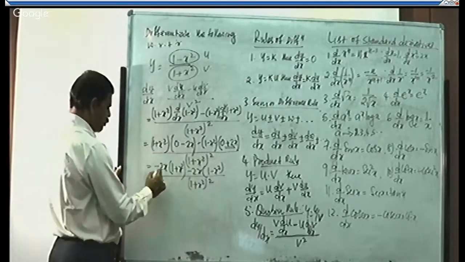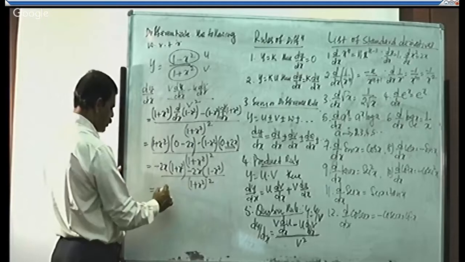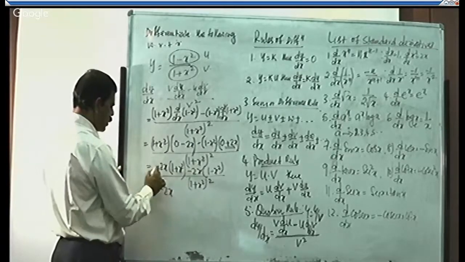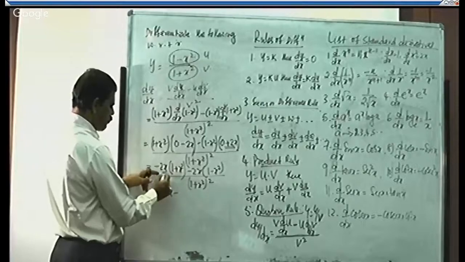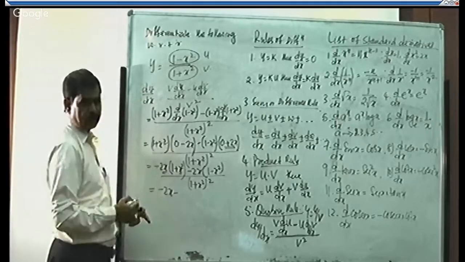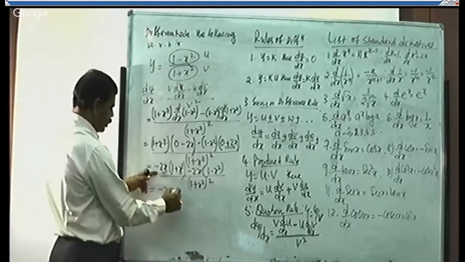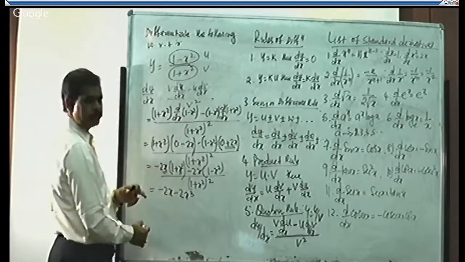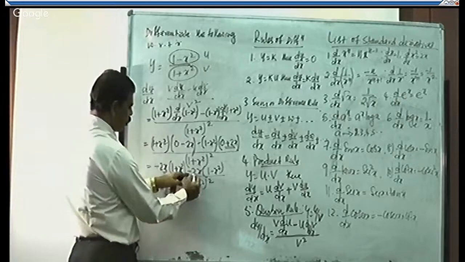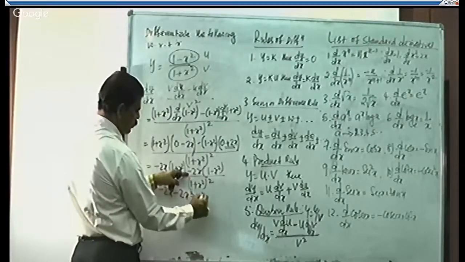Then minus 2x into 1 is minus 2x, and minus into plus is minus 2x into x square. Here we can multiply x and x square. 2 into x into x square is 2x cube. Next, minus 2x into 1 is minus 2x.